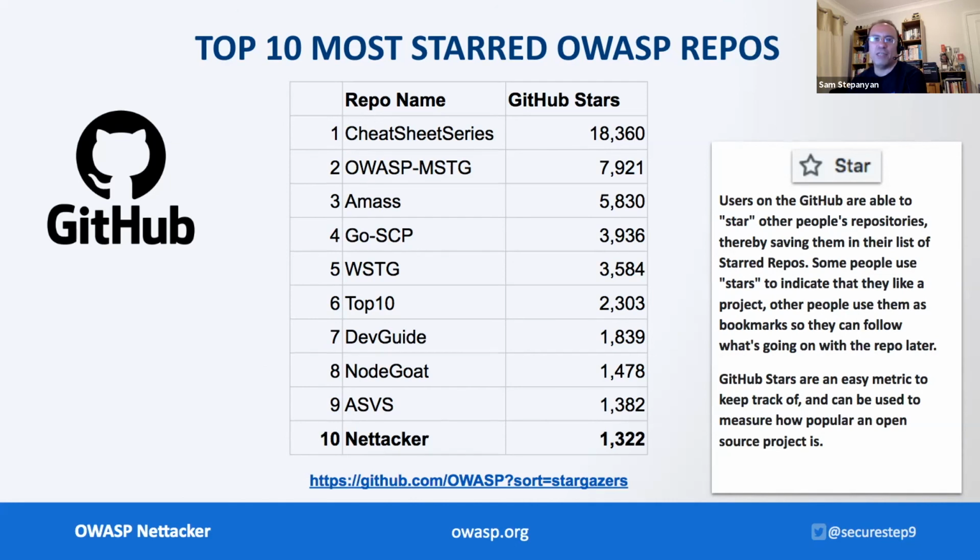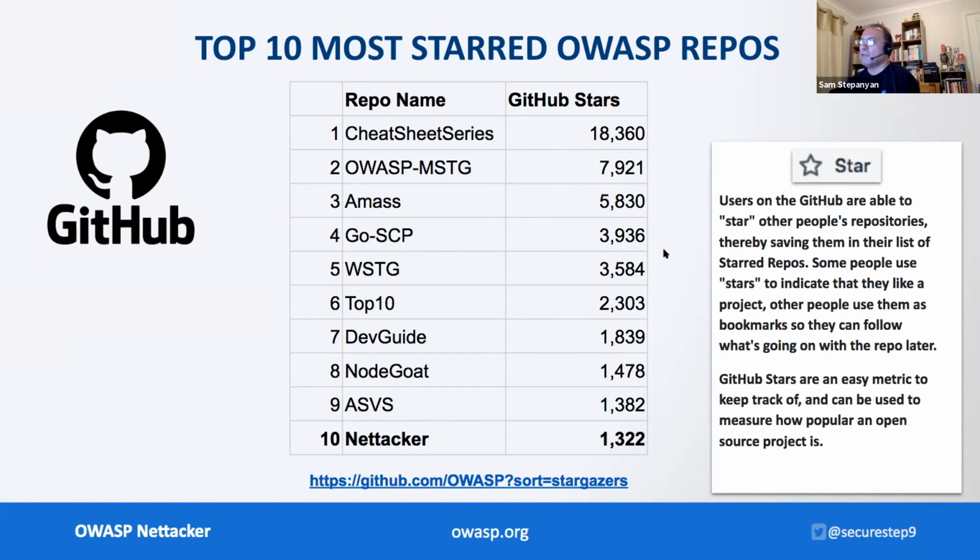The OWASP organization has about 500 different repositories, I believe. And there's a feature on GitHub called stars. Basically, the star is a way for other GitHub users to save a particular project in the list of starred repos. Usually it indicates that people just bookmark this project so they can follow what's going on with it later.